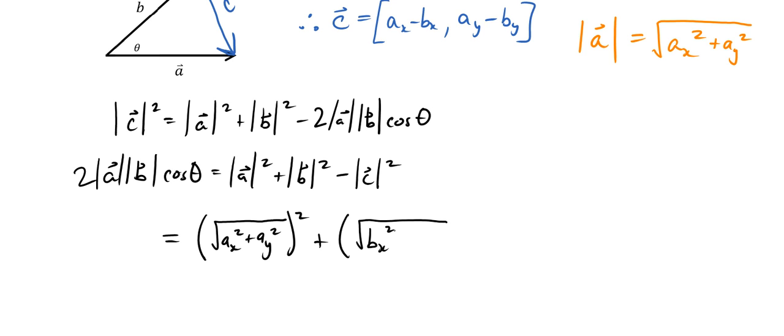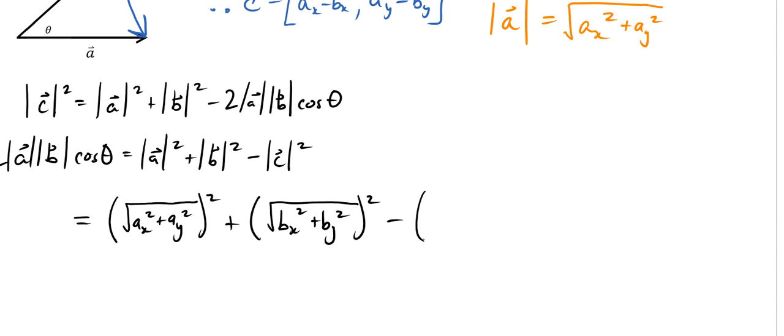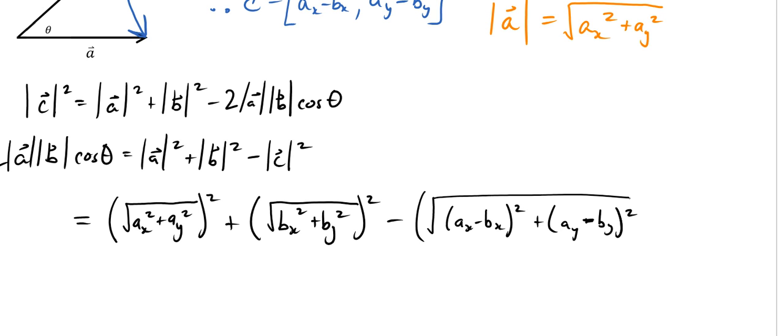It's bx squared plus by squared, all squared, minus, now c is a little bit trickier, because the x value of c is ax minus bx squared plus ay minus by squared. But the square roots are still going to cancel out nicely with the squared.